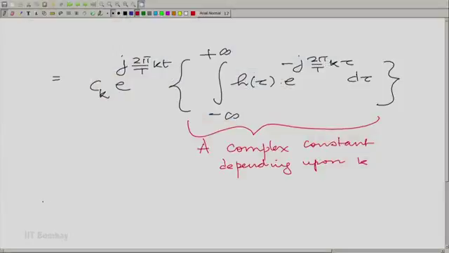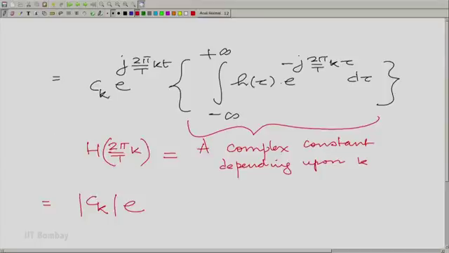Let us write that down explicitly in the expression that we have been writing. I am writing it very clearly in a different color, |c_k|, and we will give this complex constant a name. We call it capital H, evaluated at 2π/T · k, where we could use a different symbol for this whole argument.